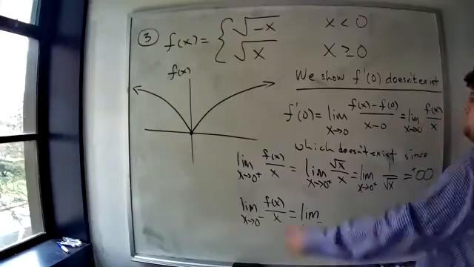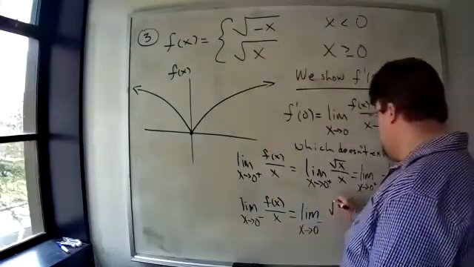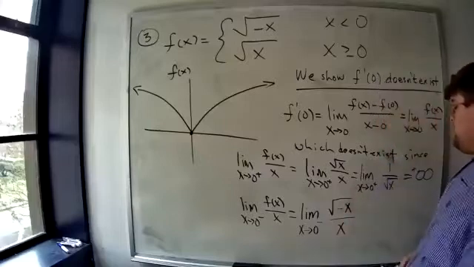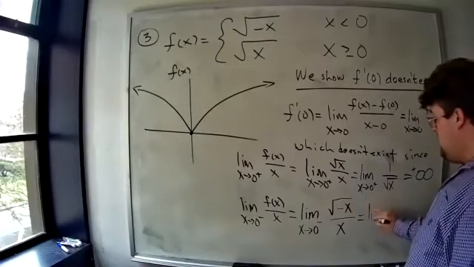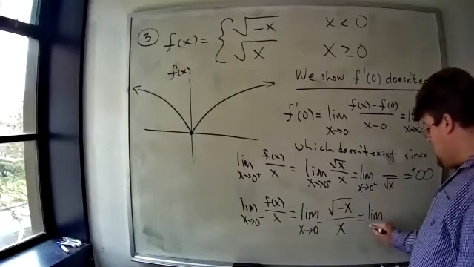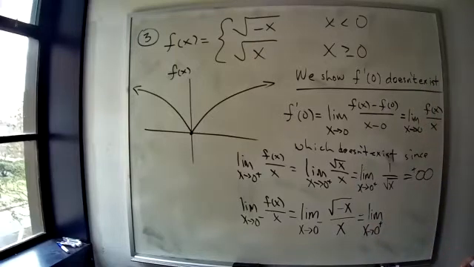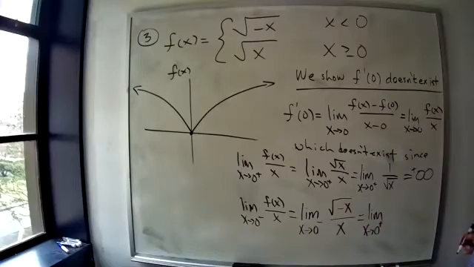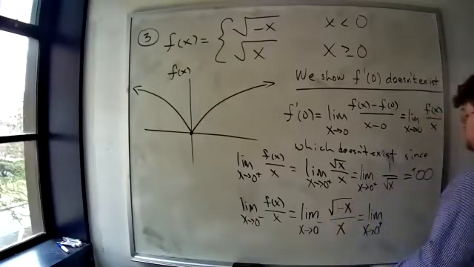What happens on the left of 0? On the left of 0, f of x is root negative x. The bottom is x. How does this simplify? Well, I'm not sure with all those negatives flying around. So I'm going to flip it over around the x-axis.